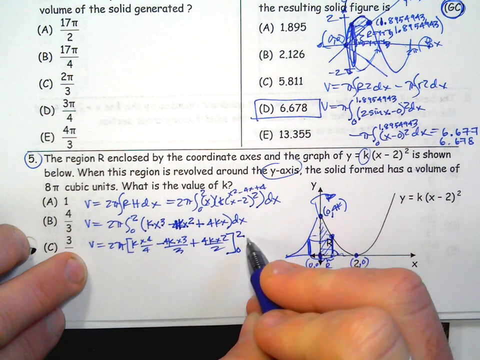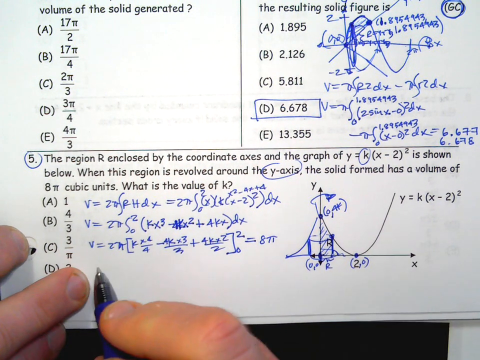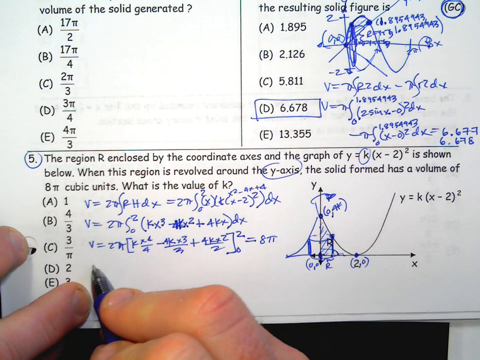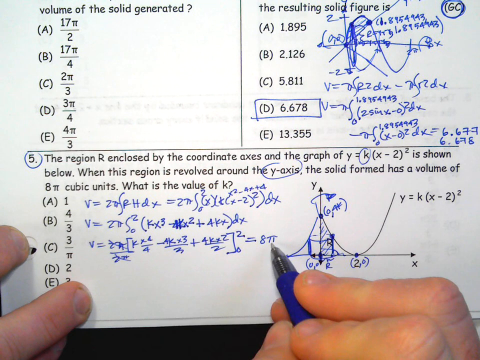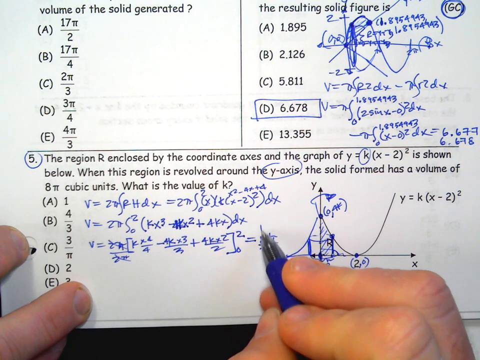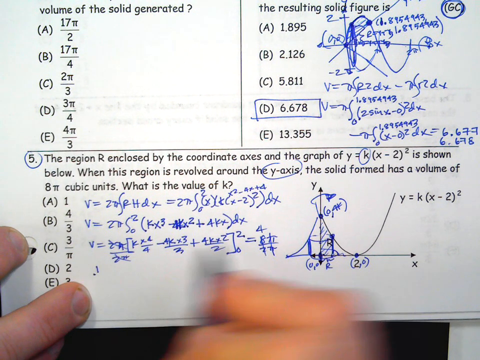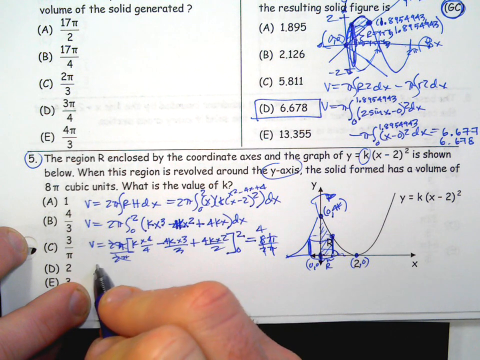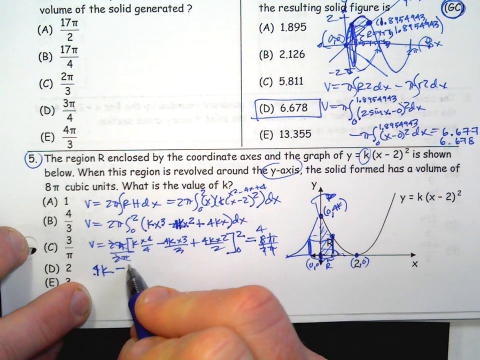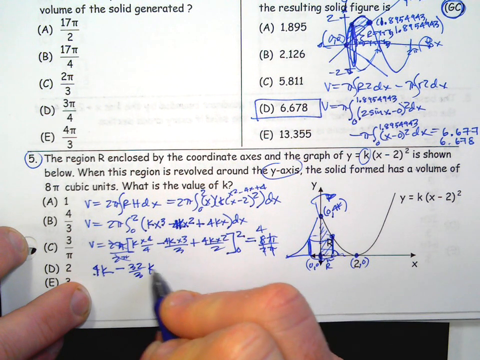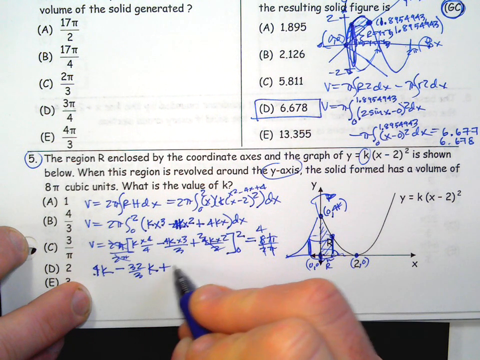Now remember, this is supposed to equal 8 pi. So now we're going to plug limits in. I'm going to divide both sides by 2 pi right now, that'll just make things a little easier. It gives you 4. So if we plug 2 in here, 16 over 4 is 4, so it's going to be 4k minus 32 thirds k plus 8k.